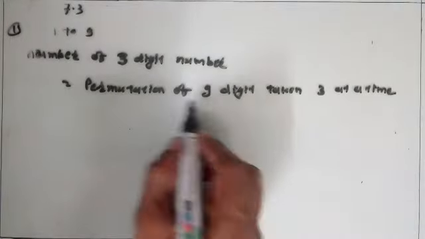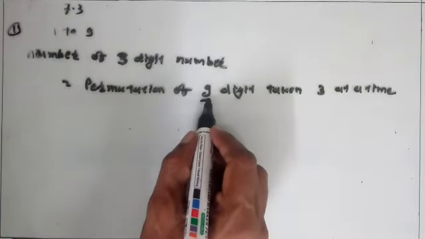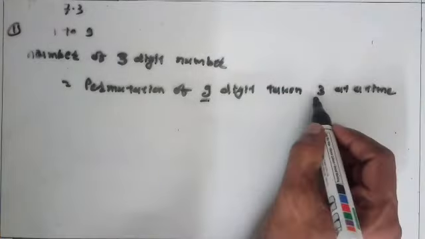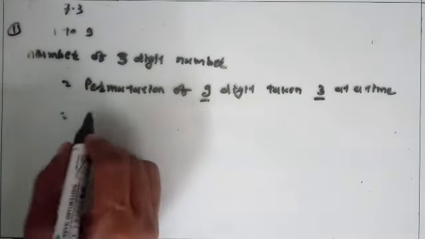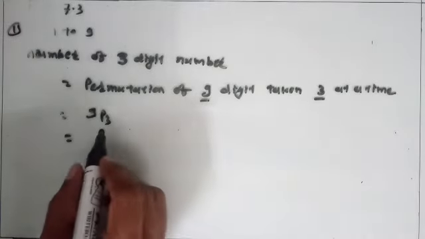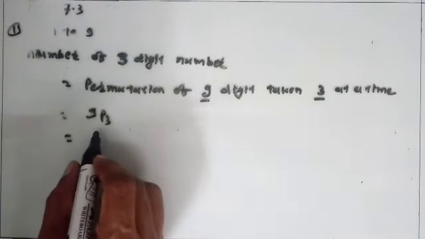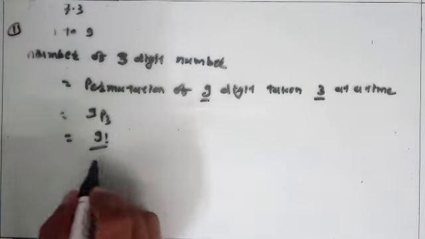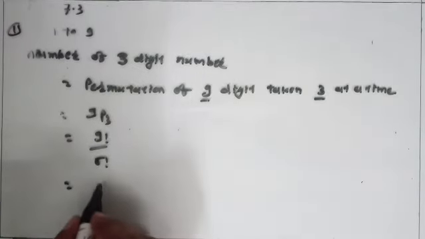That means a permutation of 9 digits 3 times, so it becomes 9P3. You know that 9P3 is equal to 9 factorial upon 6 factorial.